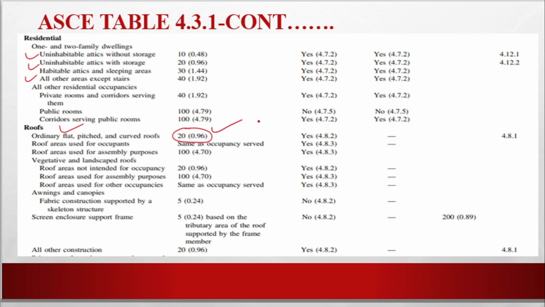This is the minimum live load you will consider for equipment or for material like waterproofing material. And if you are using the roof area for assembly purposes, like construction of a rooftop restaurant or any gathering area, you will consider 100 psf.